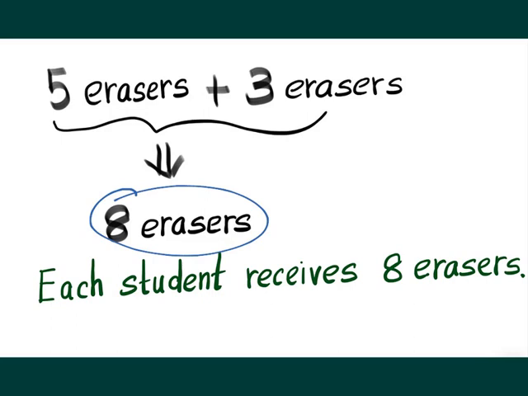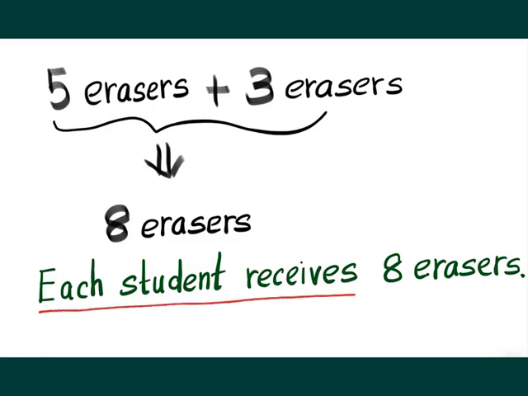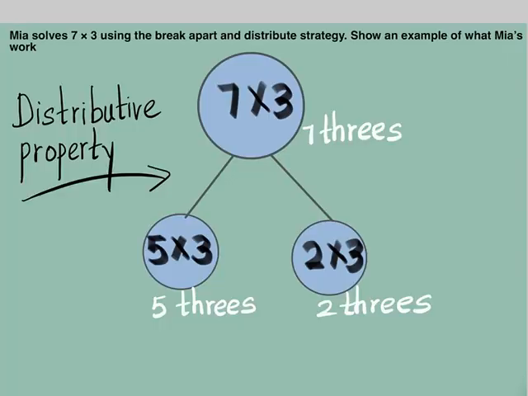So each student is receiving 8 erasers. The statement is, each student receives 8 erasers, period. That is how we have to finish the problem. Let us move on to the next question.